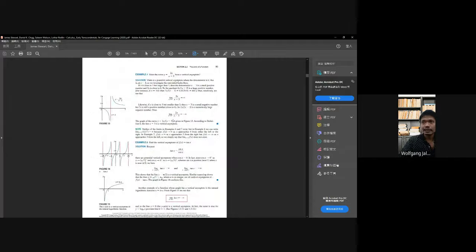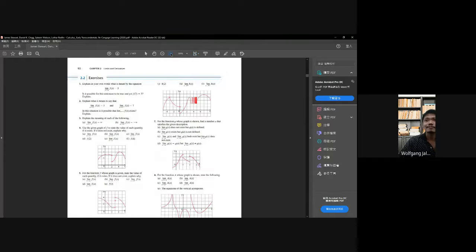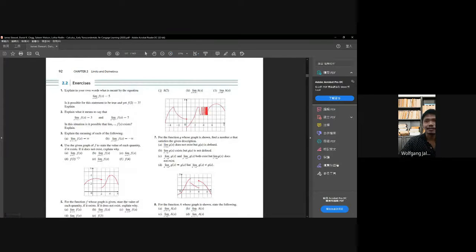Okay, let's see something simple. So let us see something like this. What is the limit of f(x) when x equals to here?